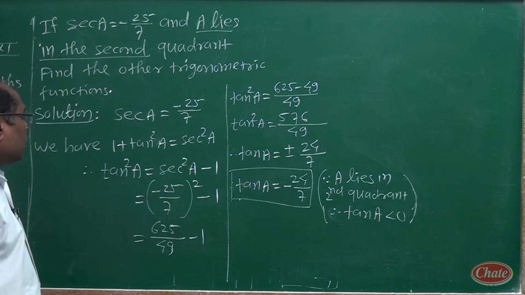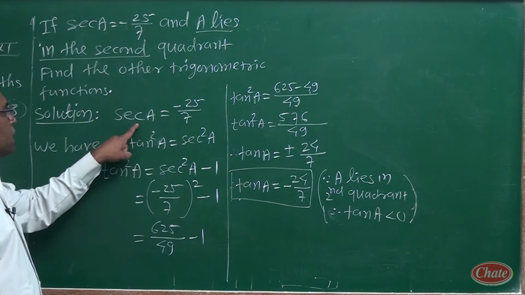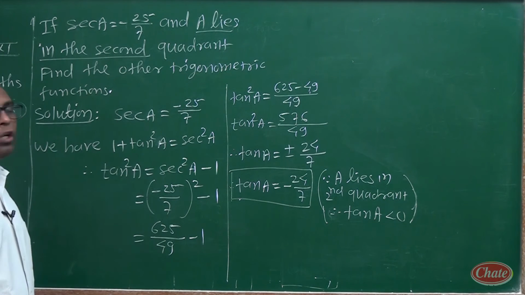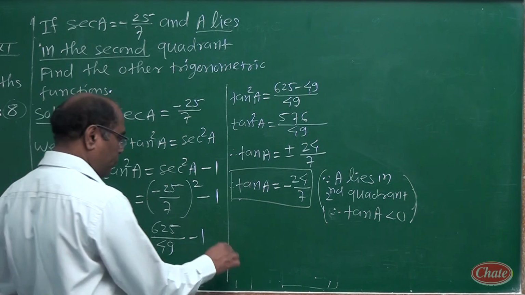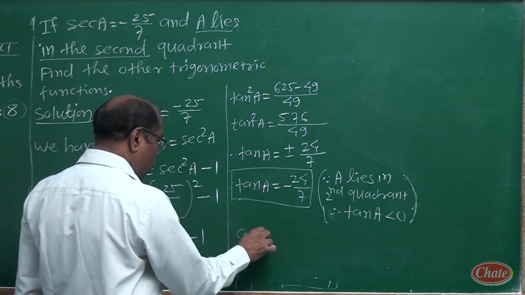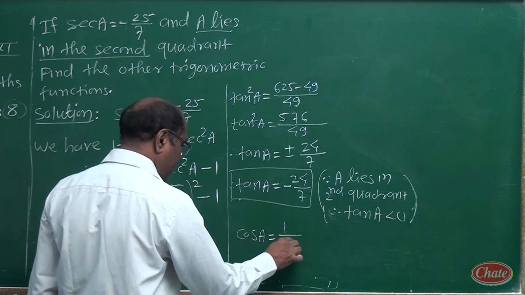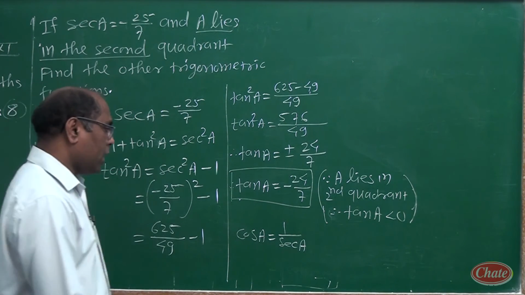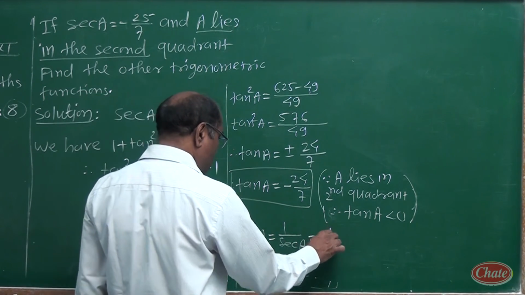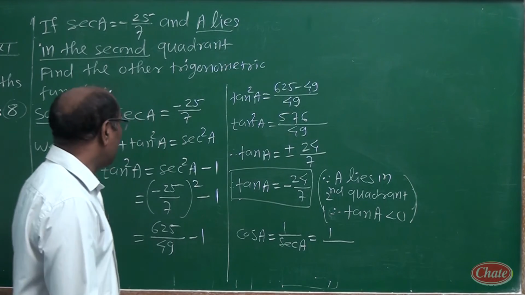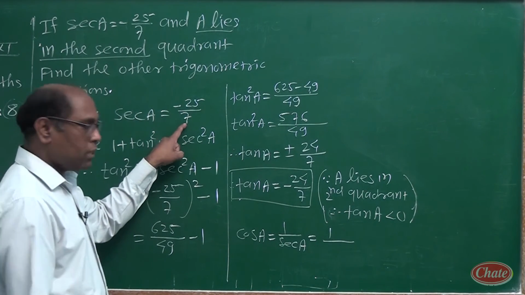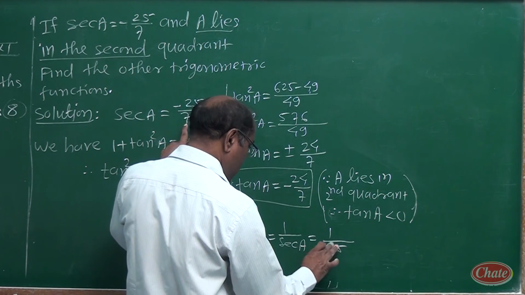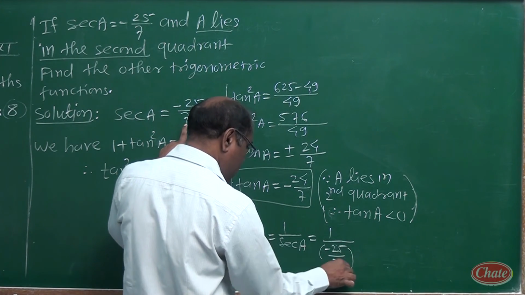Okay. Now here sec A is equal to minus 25 by 7. We have to find out the value of cos A. Now cos A is equal to 1 upon sec A, and that is equal to 1 upon minus 25 by 7.